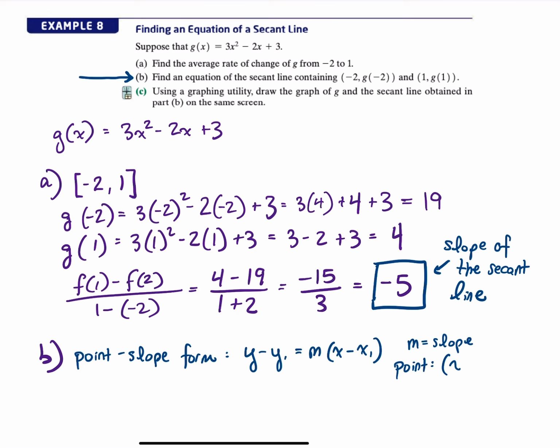We'll call that x1, y1. Well, we have both of those. Let's pick one of our points. Let's use this one, where x was equal to 1 and the output was 4. So 1 comma 4.